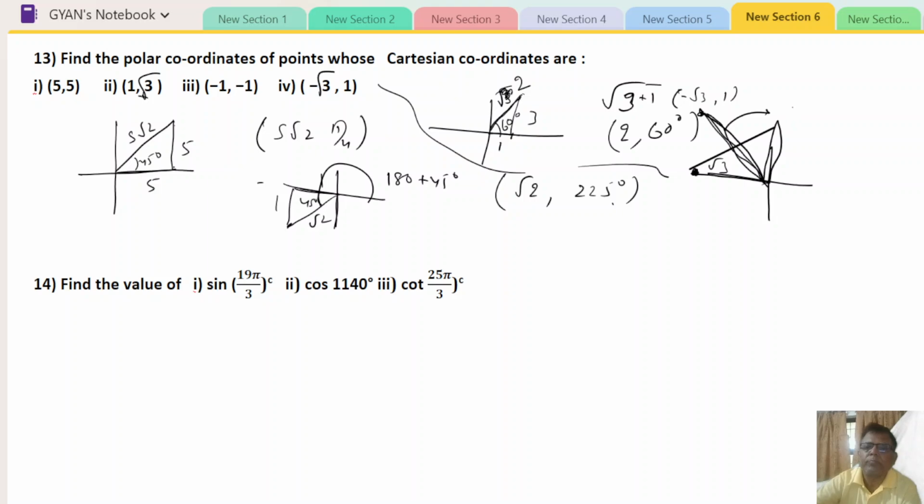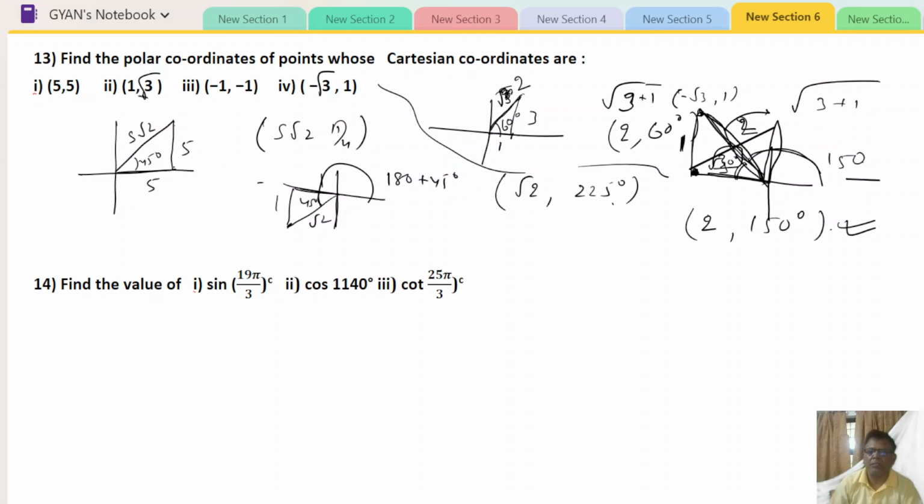This length will be root of 3 plus 1, that is 2. And this angle, if the hypotenuse is 2 and this one is 1, how much is this angle? 30 degree, because if the base angle is 30 degree, then the perpendicular is half of the hypotenuse. That we have already discussed. So this is 30, then from the x-axis the angle is 150 degree. So the polar coordinate will be 2 and 150 degree.